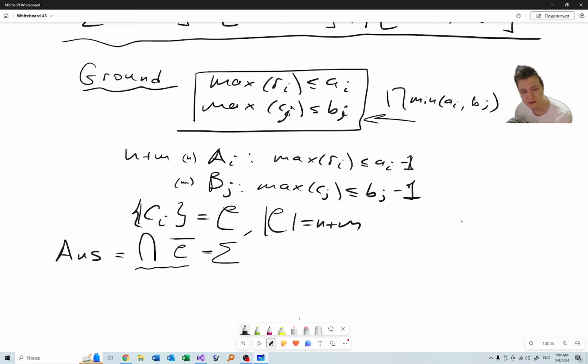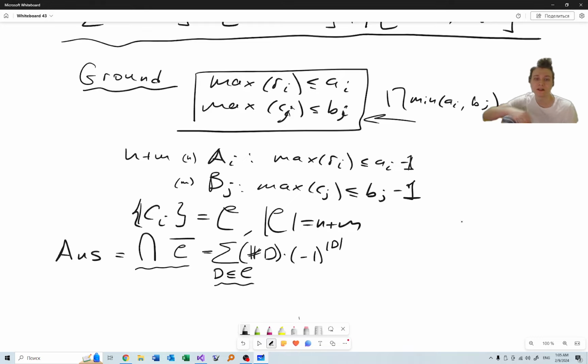So let's consider all subsets of our conditions, and we satisfy these D conditions, but we don't say anything about satisfying anything else. In this case, if we multiply it by minus 1 to the power of D, then we will get the answer.